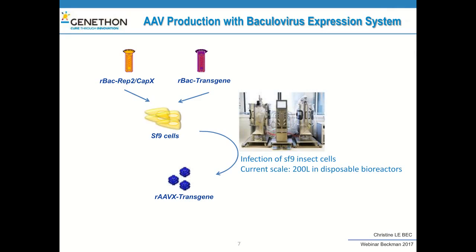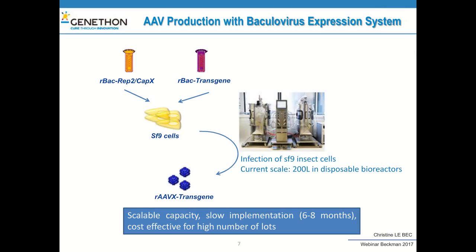You infect insect cells, Sf9, in bioreactors, and the current scale is 200 liters in disposable bioreactors. This process is scalable. The implementation is slow because you need to generate the Baculovirus bank, but the cost is smaller compared to the other processes if you need to make a high number of lots of AAV vectors.